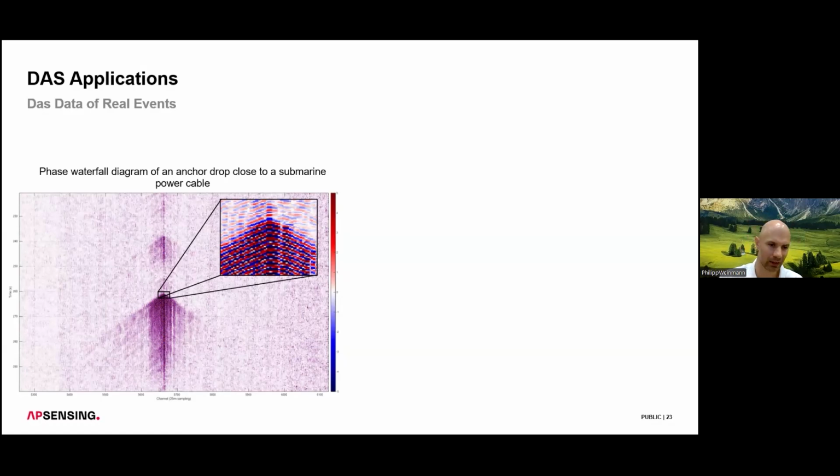What you can see here is that a vessel dropped an anchor into the sea, and this event was recorded by a submarine power cable nearby. The anchor drop happened exactly at this time, and then you can see how the shock waves from this event are propagating to the left and to the right side along the power cable.